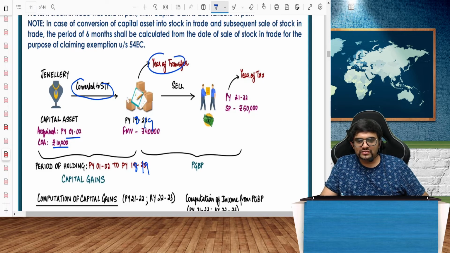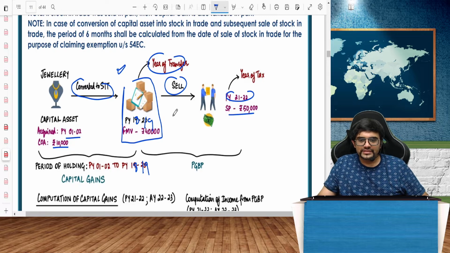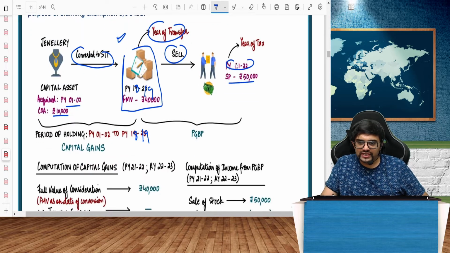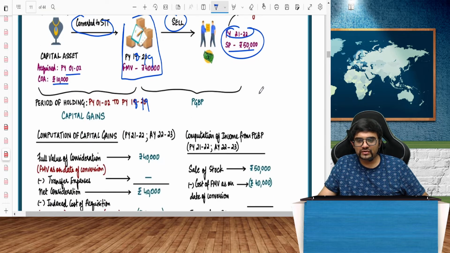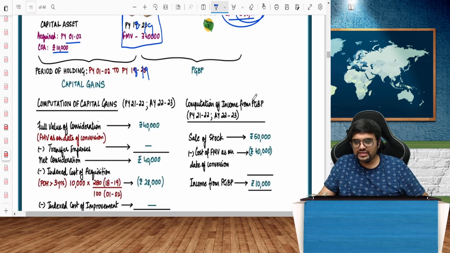Year of transfer is 18-19, the moment it is converted to stock in trade, this is the year of conversion. But it is sold in 21-22, for 50,000. Now tell me, income from PGBP is what, guys? 50,000 minus cost as on the date of conversion, FMV 40,000. So 50 minus 40, 10,000 PGBP over.